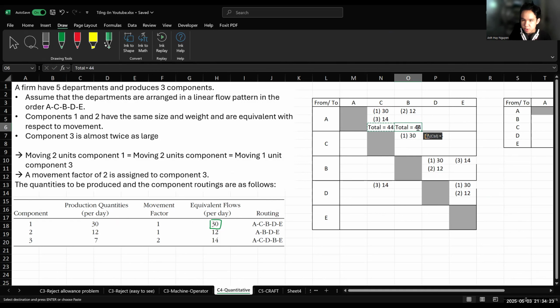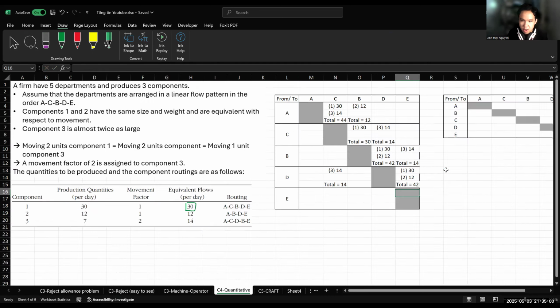This total is 12. This is 30. This is 14. This is 42. 14, 14, and this is also 42.